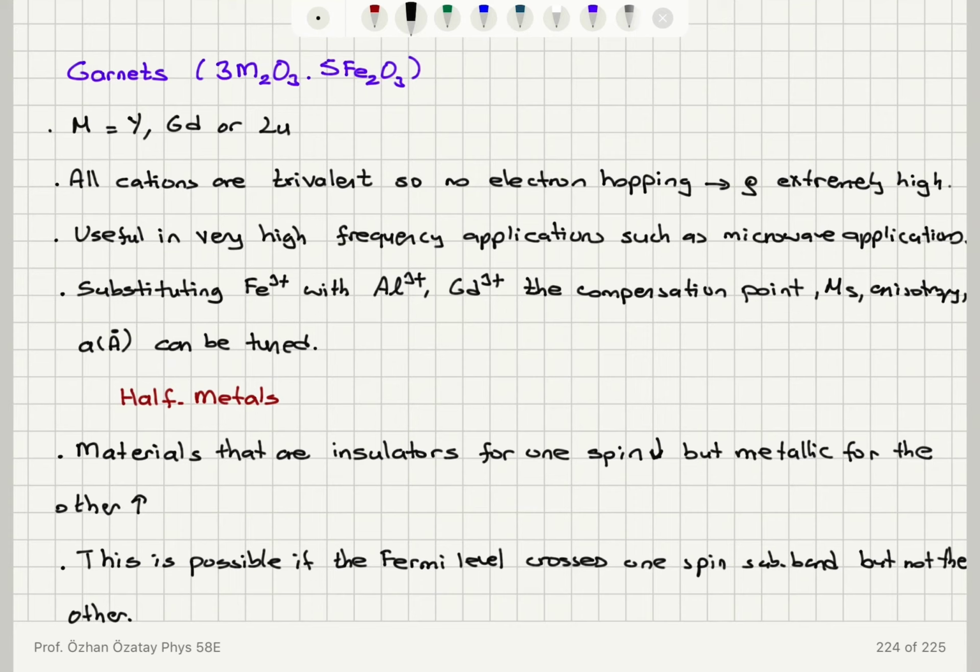Finally, I would like to talk about another important family of materials called half metals or half metallic antiferromagnets. These are insulators for one spin subband and conductors for the other. A good example is chromium oxide.